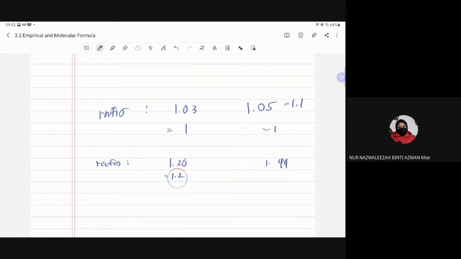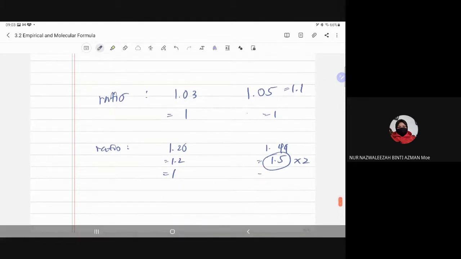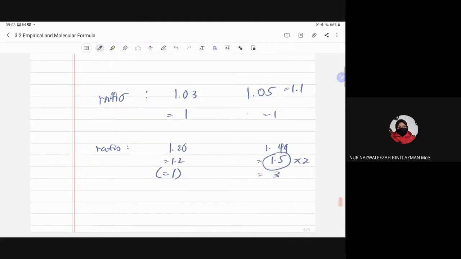This is not a part of the special number. This is 1. Okay. 1.49, kita bundarkan kepada the next decimal point, kita akan dapat 1.5. This is a special number. So, mesti darab 2. Dapat dengan 3. So, this thing pun kena darab dengan 2 juga. Like that.